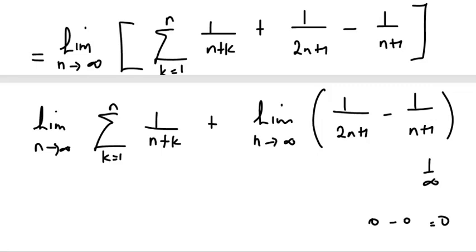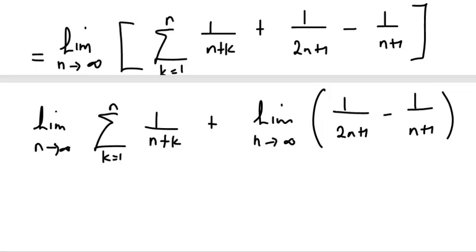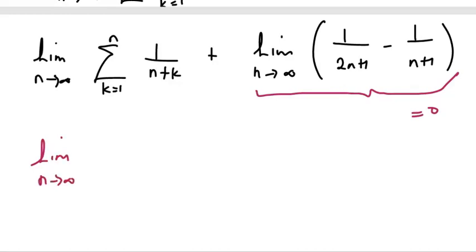Okay, now for the limit at the left hand side, we're going to make use of the Riemann sum, right? But before we do that, we need to rewrite the limit. Do not forget that this part here is equal to 0. So here we have to evaluate the limit as n is approaching infinity of the sum as k goes from 1 to n of 1 divided by n plus k.